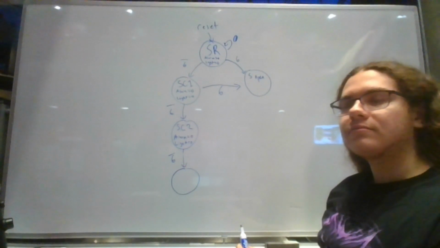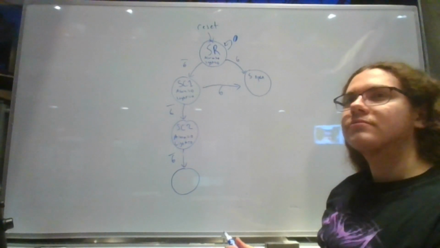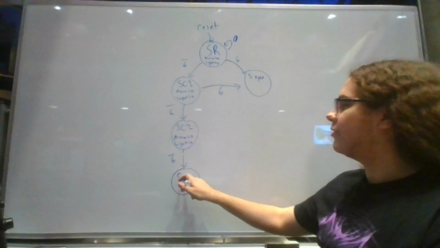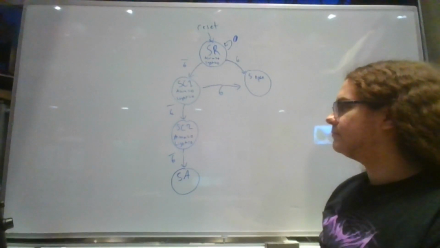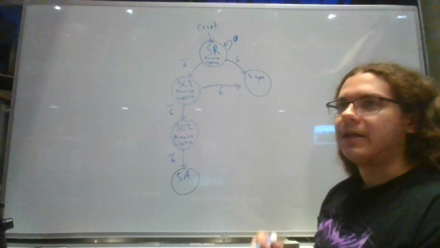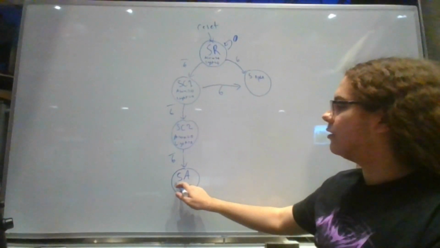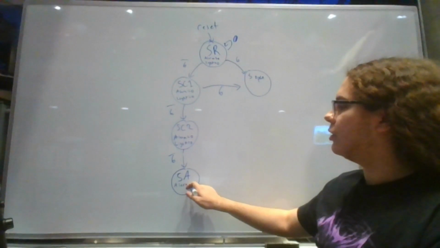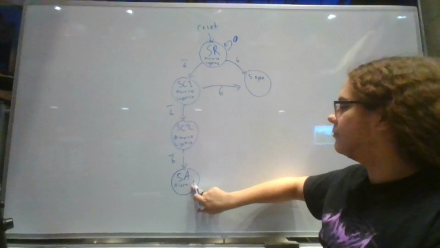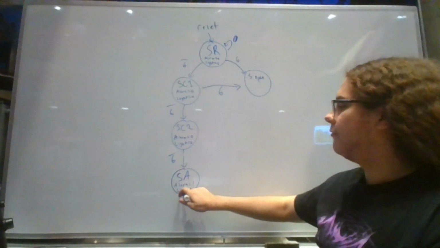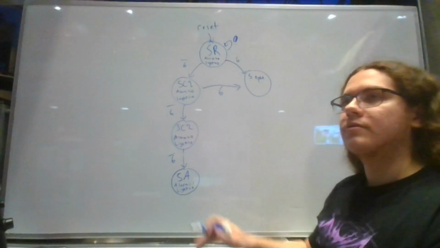You can say it's like SC3 or like... Yeah, I'll call it SA for alarm state. You don't have to call it SA. It just makes sense to me, so that's all right. So in this state, my alarm is going to go to 1 because my alarm's on. And my light is still going to be off because my door is closed.